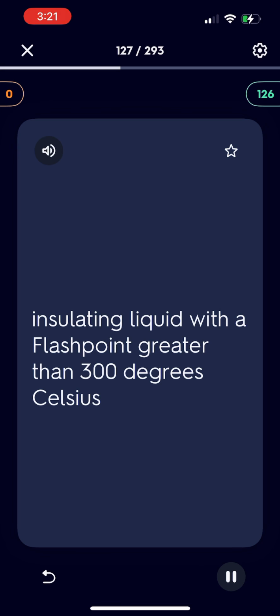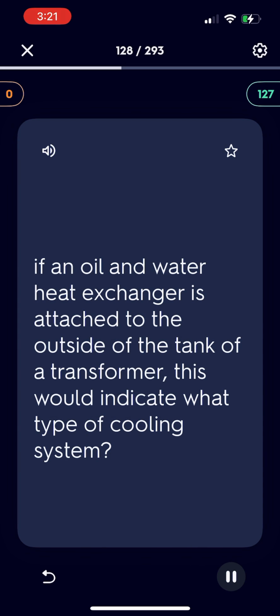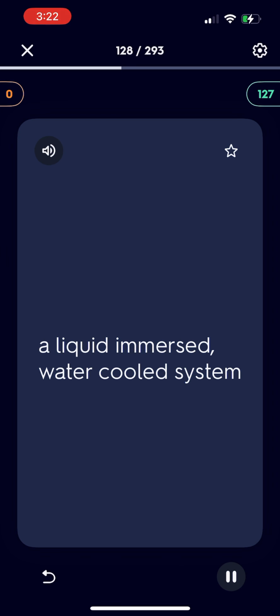Insulating liquid with a flash point greater than 300 degrees Celsius. If an oil and water heat exchanger is attached to the outside of the tank of a transformer, this would indicate what type of cooling system? A liquid immersed, water-cooled system.